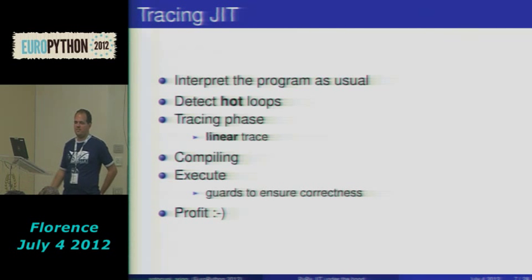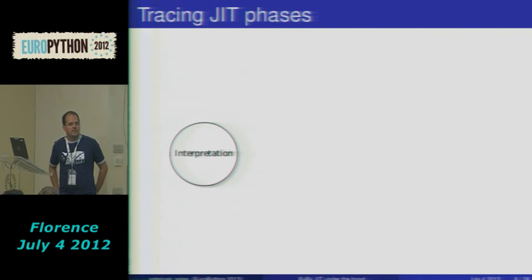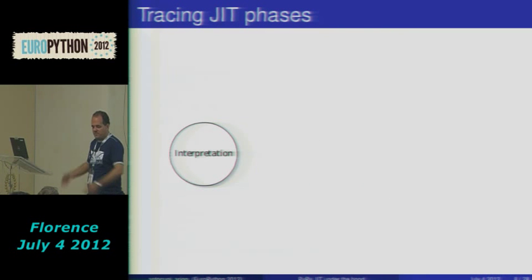But if by chance, and sooner or later it will happen, one of these conditions is false, we want to go out of the assembler code and start interpreting again, and do things slowly but correctly.